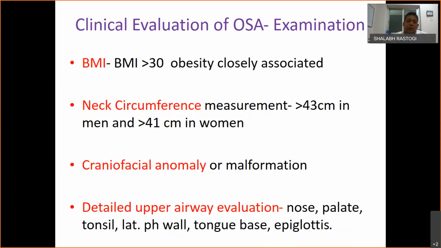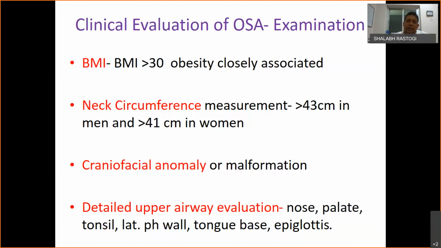You should also look for craniofacial anomalies. Then you should do a proper and detailed upper airway evaluation with the flexible nasopharyngoscope. You should look at the nose, palate, tonsil, lateral pharyngeal wall, tongue base, and epiglottis. And you should do FOL in awake and supine position.